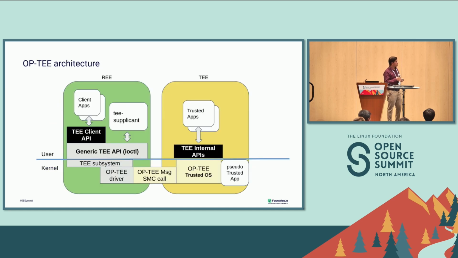So overall architecture for OP-TEE, as you can see here, on the left-hand side, we have the normal rich execution environment, or the Linux environment, where the client applications are running. So with OP-TEE, what we have done is we have isolated a piece of code that is managing your security critical operations within the TEE environment, and that's what we call trusted applications.